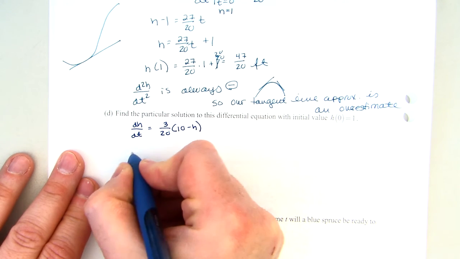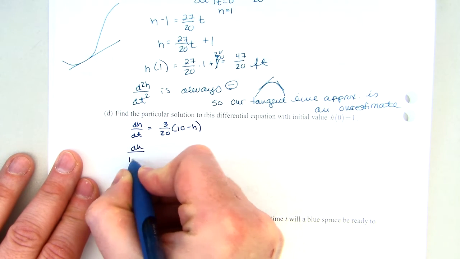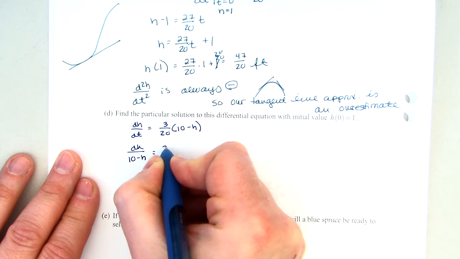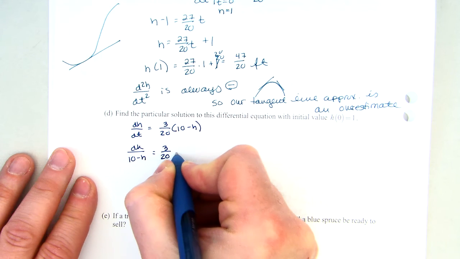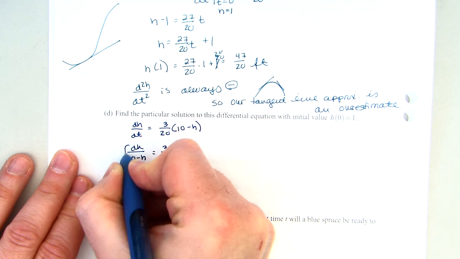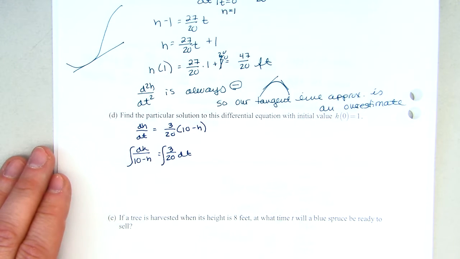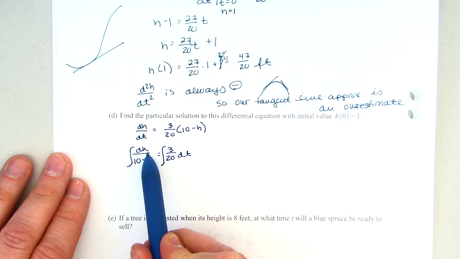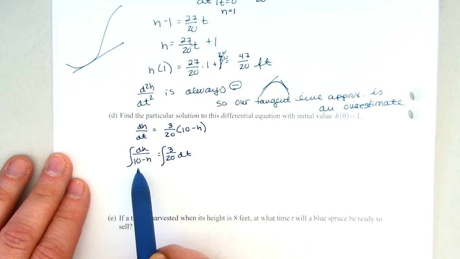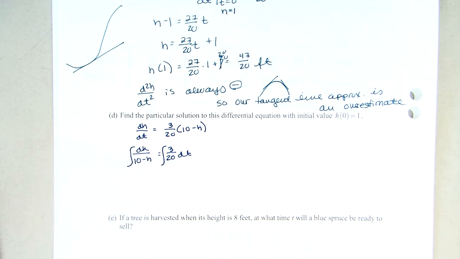So why don't we say dh over (10 minus h) equals 3/20 dt. No, it won't be, because then you're going to get dh over 30, 20. No, I'm just going to leave it at that.